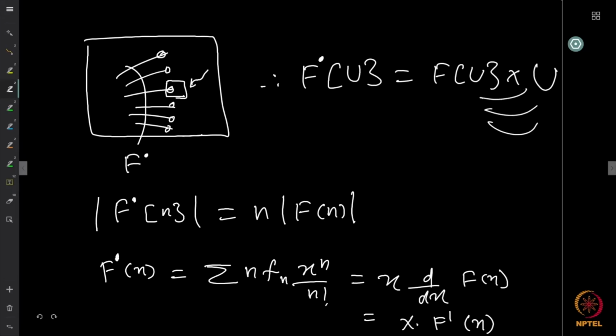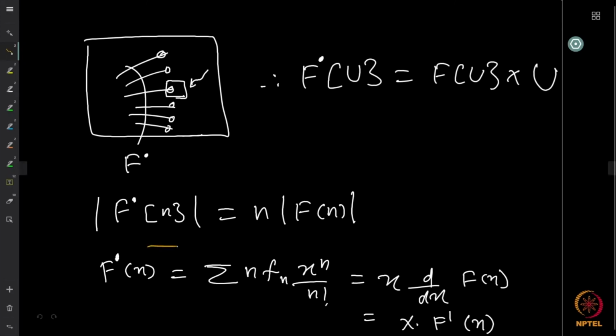So basically there is a bijection to this F of U cross U. And from this, it is immediately clear that the cardinality of F dot on an n element set, F dot of n, is actually n times F of n, because whenever you have a structure, you have n possible ways to point it. Any of the n elements of U can be marked as special.